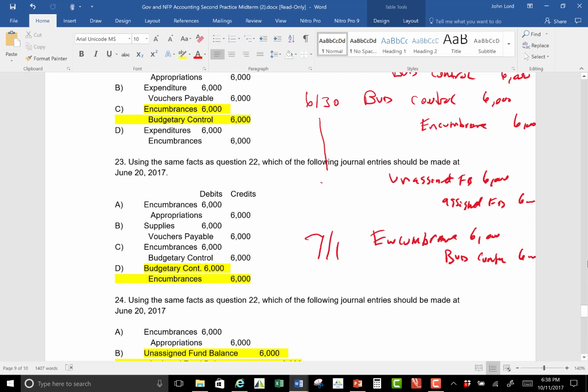Not 7/2, 7/1. You want me to credit the unassigned? Do you mind if I go ahead and debit the assigned first? So I'll debit the assigned fund balance for 6 and credit the unassigned, you say?